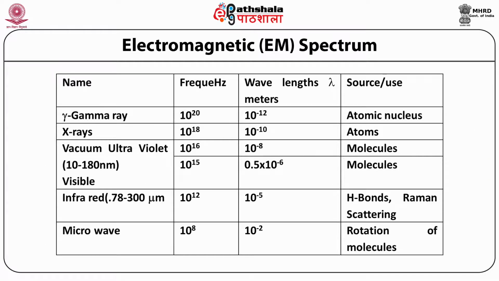We show the properties of different waves in the electromagnetic spectrum in this table. Gamma rays originate from the nucleus, X-rays from atoms, vacuum ultraviolet from molecules, and again UV-visible originates from molecules, infrared from H bonding, Raman scattering, and microwave from rotation of the molecules.